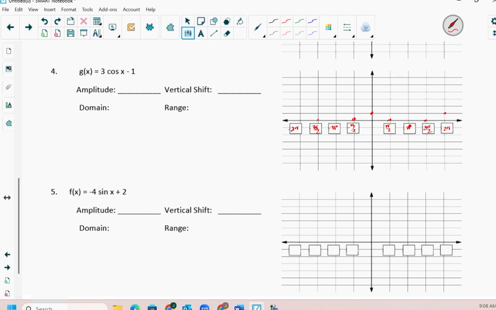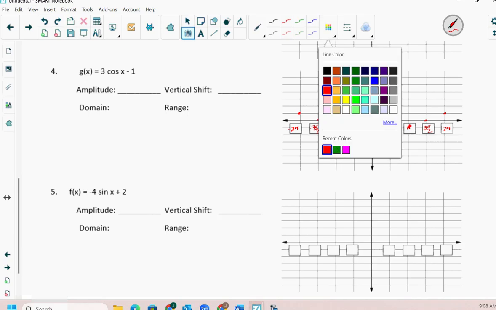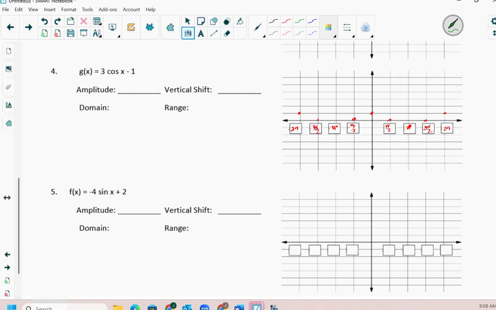Guys, are you getting better at the parent graph dots? Like, is the pattern, we're getting a little more fluent with that? Okay. First thing I have to do, multiply those y values by 3.